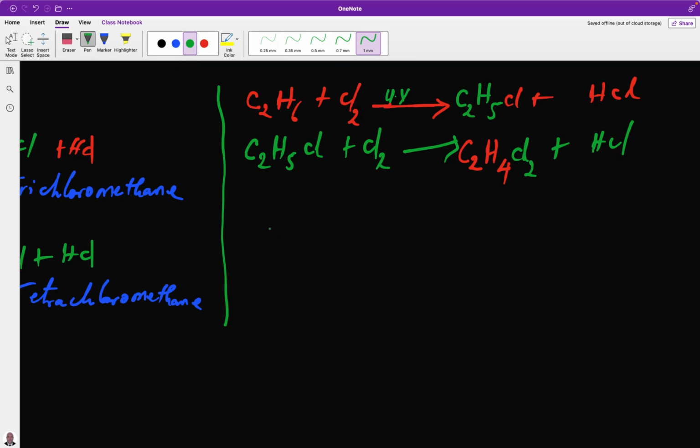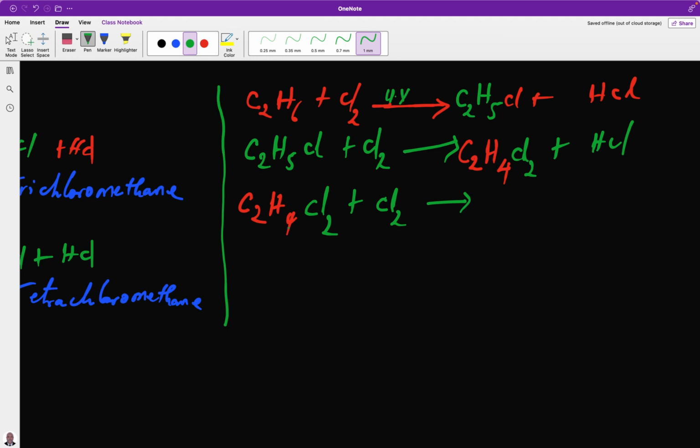Now, this molecule comes here again. Let's see how it works until all the hydrogen atoms are completely substituted. Now, C2H4Cl2 plus Cl2 will give what?